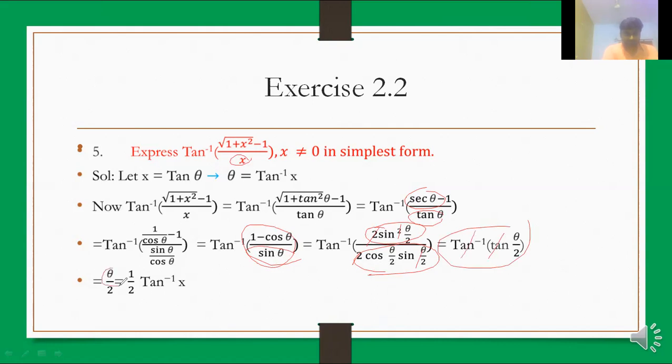Theta by 2. But don't forget to substitute the theta value back, because the result must be in terms of x. See, 1 by 2 tan inverse x. 1 by 2 outside, in place of theta we can substitute this back. Result must be in terms of x. Clear? So now let us go forward to the next problem.